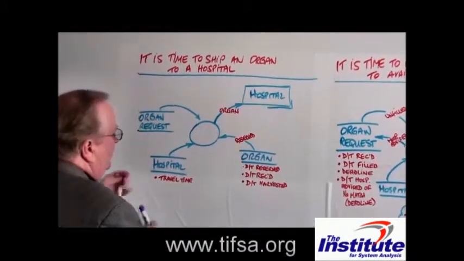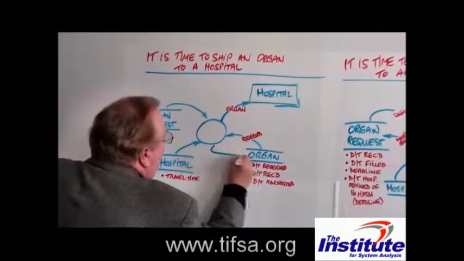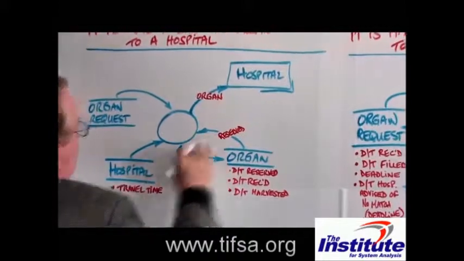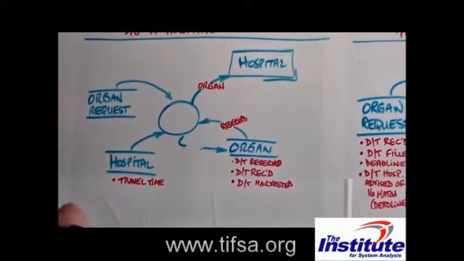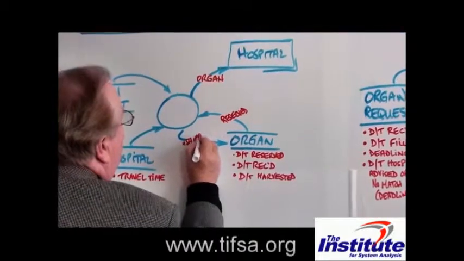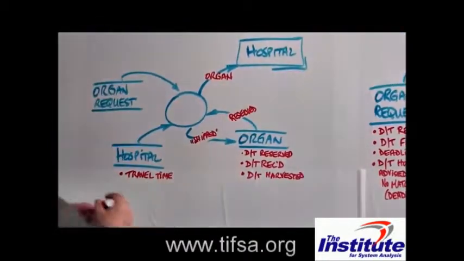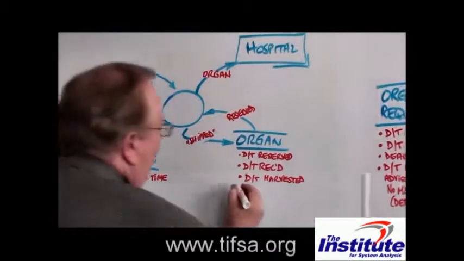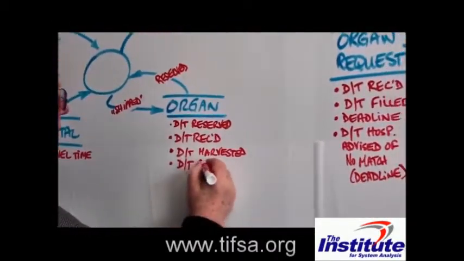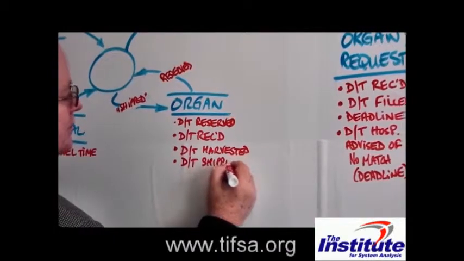So we're going to keep track of the organ, and I'm going to put here, shipped, and the data attribute to support that would be the date and time shipped to the hospital.